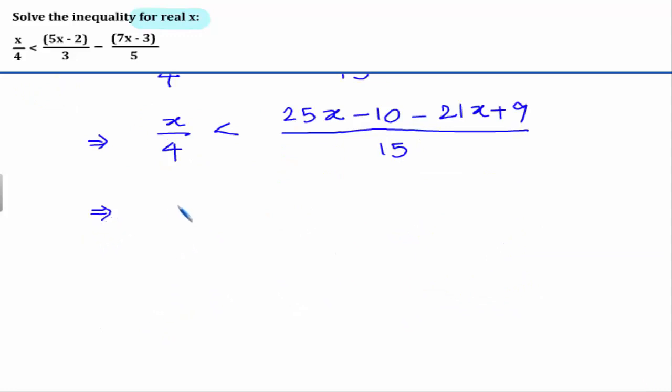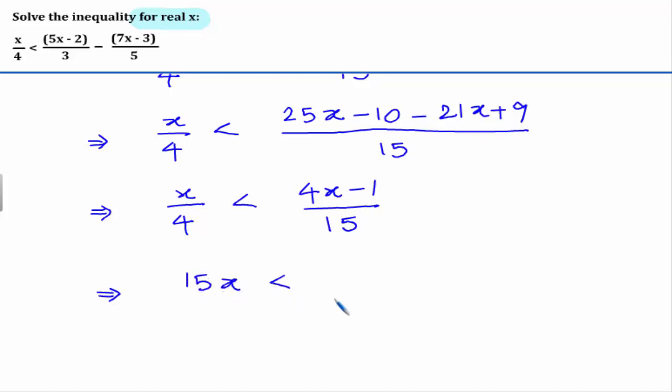And if we simplify further we get 4x minus 1 by 15. Now let us cross multiply them. We get 15 into x, 15x is less than 4 into 4x minus 1.